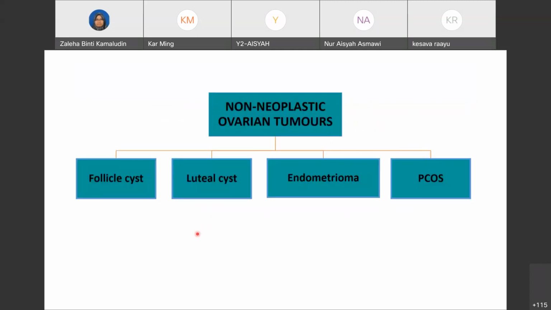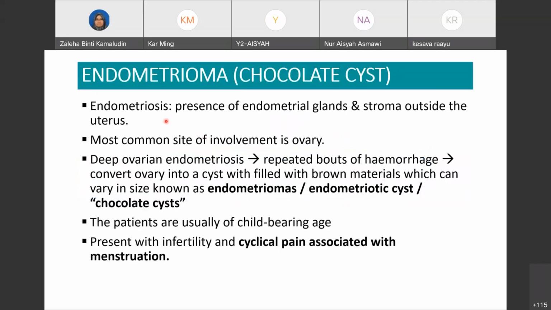Next, I think this is the last part, about the non-neoplastic. Just now we covered the neoplastic ones. Now it's about the non-neoplastic ovarian tumor, but I will focus on the endometrioma or endometriotic cyst. Endometriosis is defined as the presence of endometrial glands and stroma outside of the uterus.